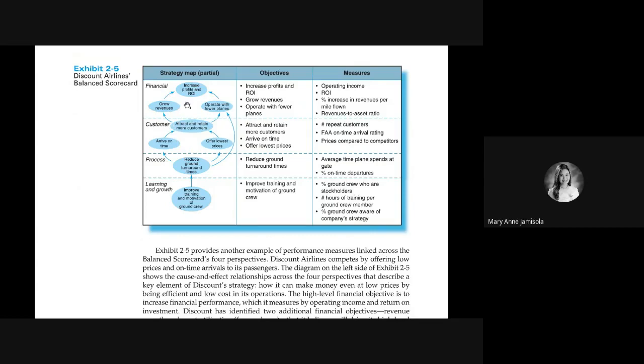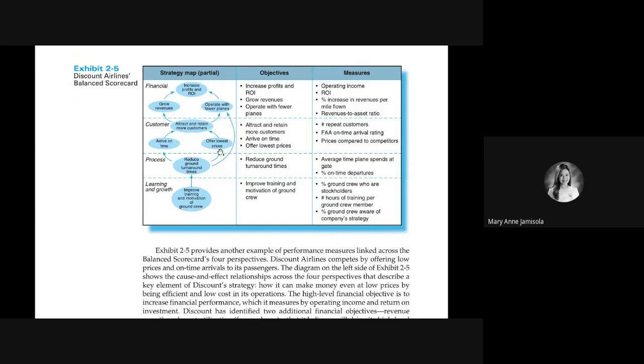And then how do they achieve the growth of revenues? They want to attract and retain more customers. So, in order for them to attract and retain more customers, what should they do? They should be able to arrive on time. Okay, if there are planes known to have a reputation for delays, murag dili kay taganahan dito nga airline company.